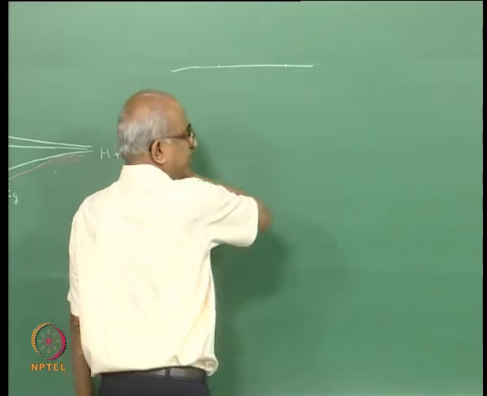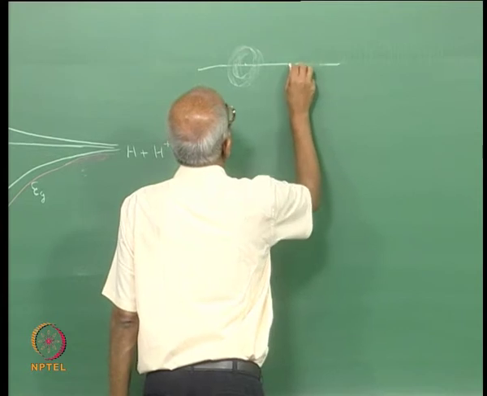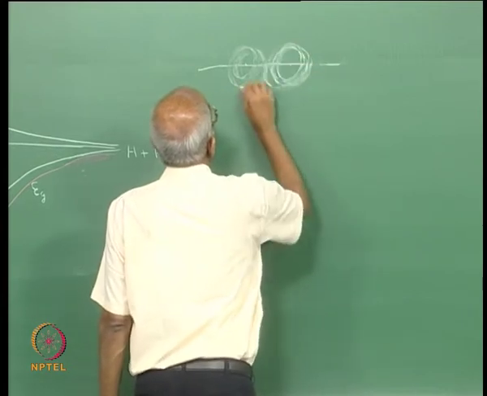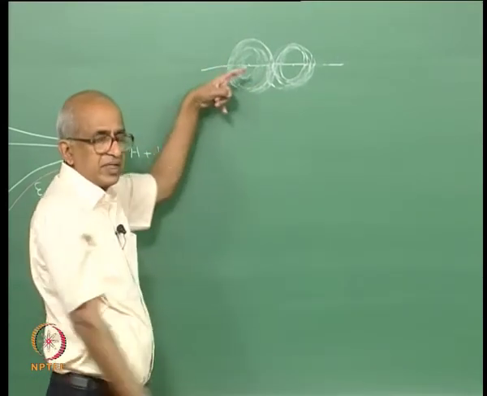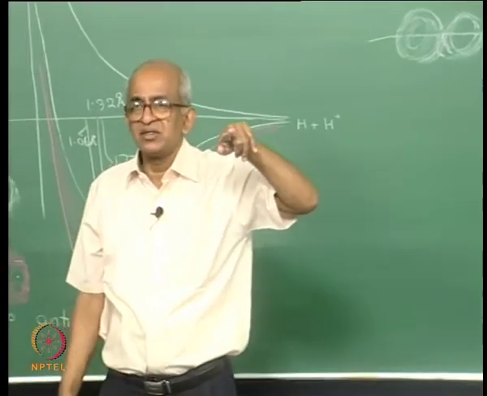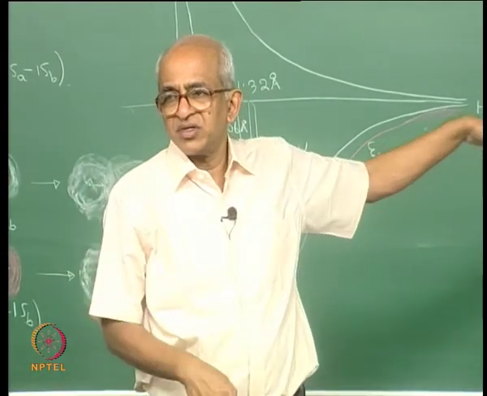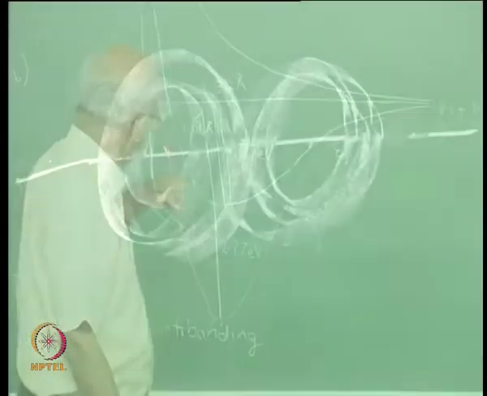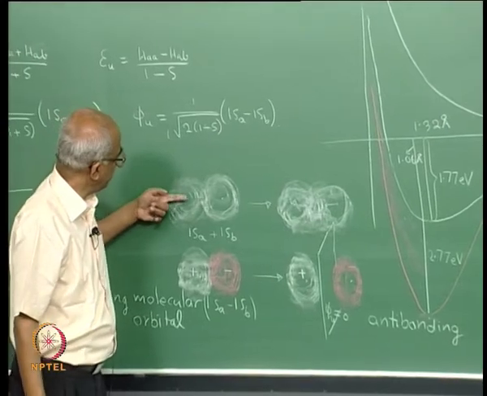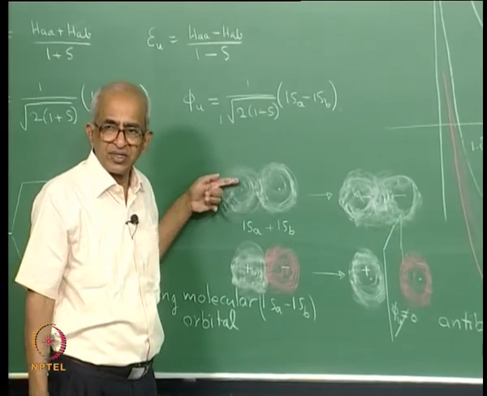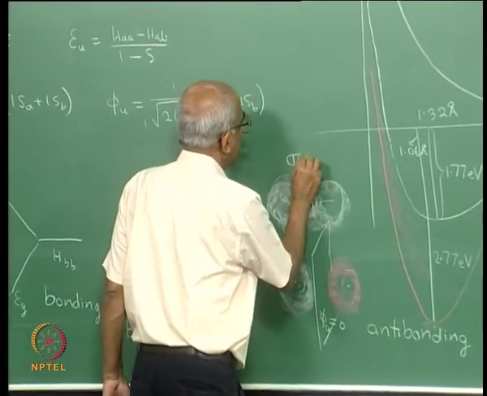This is what I refer to as the internuclear axis, and these are my orbitals. If I rotated both the orbitals about this axis, the appearance is going to be unchanged, because they have cylindrical symmetry about this axis. Even this combination 1s A plus 1s B, if I rotated it about this axis, the appearance is unchanged, and therefore people say that this is a sigma type molecular orbital.